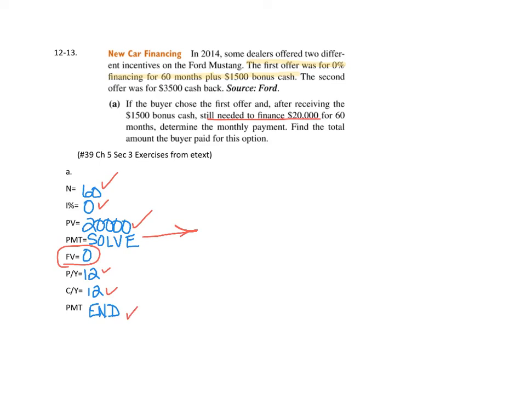So the payment amounts, and if you think about this logically, since there is no interest, each payment should be $20,000 divided by the 60 payments. Which is $333.33.